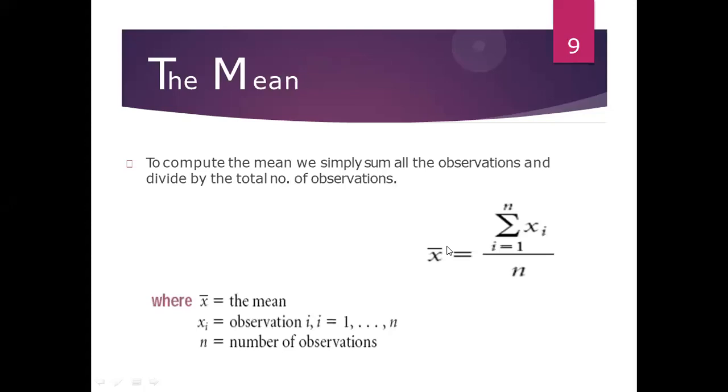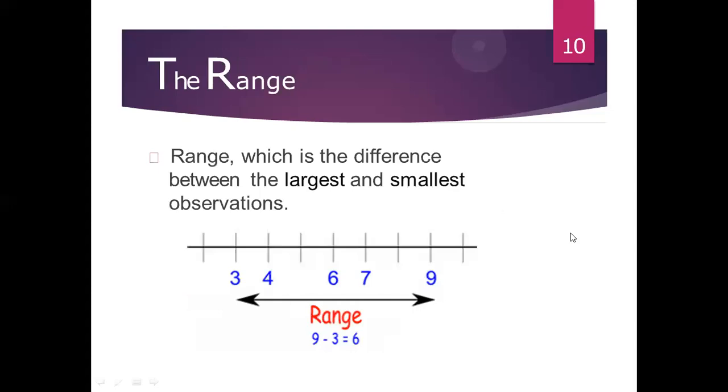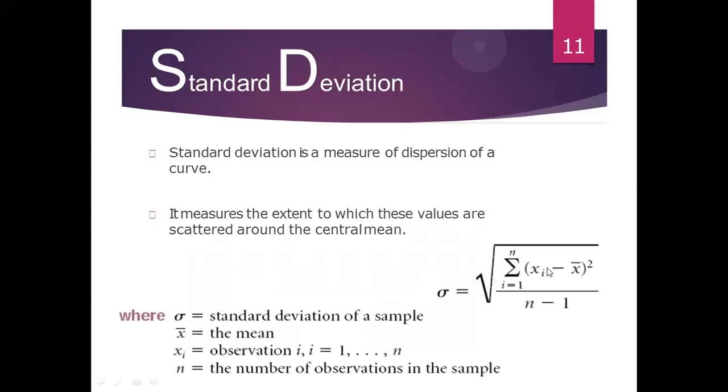You know the formula of mean, the average, which you can simply calculate. And range, the difference between the largest and the smallest. So here the range is 9 minus 3, which is equal to 6. And this is the formula we use to calculate standard deviation. By applying this formula, you know how to calculate it. So that is okay. I will not discuss these things.